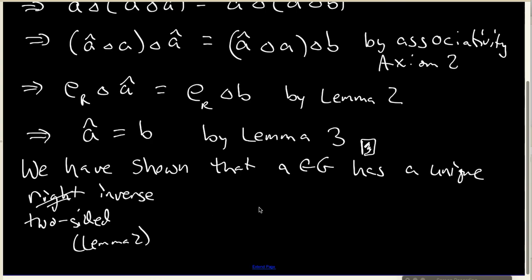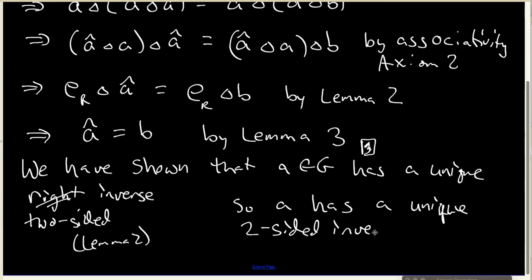And consequently, what we now have is that A has a unique two-sided inverse.